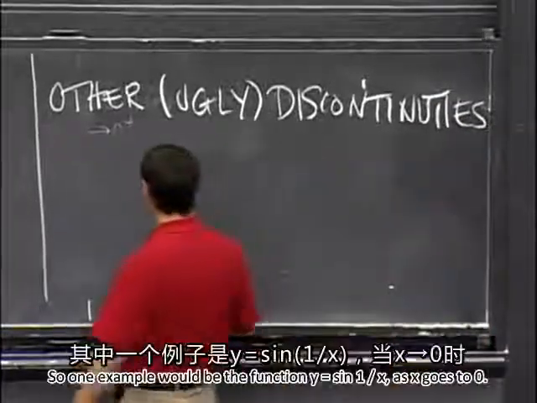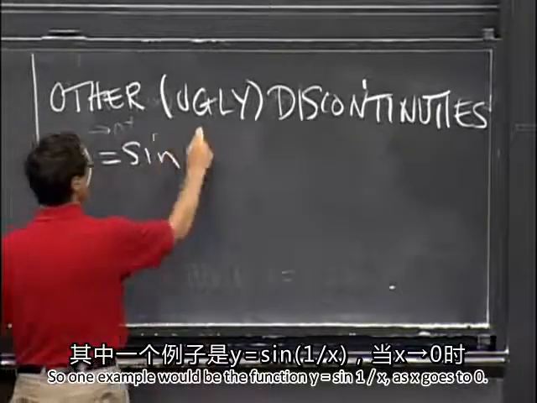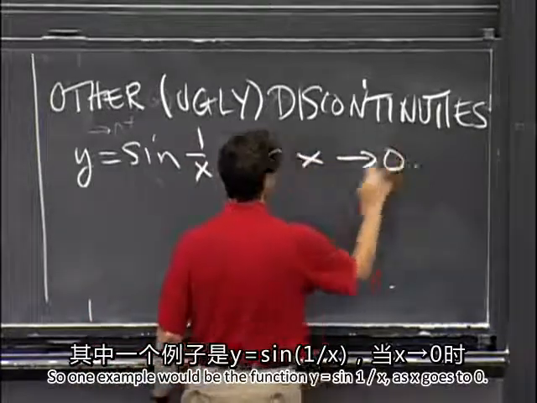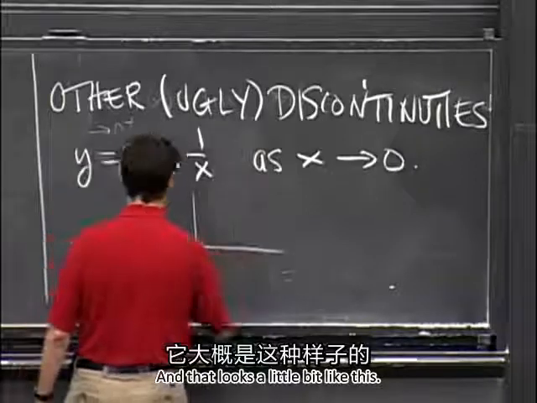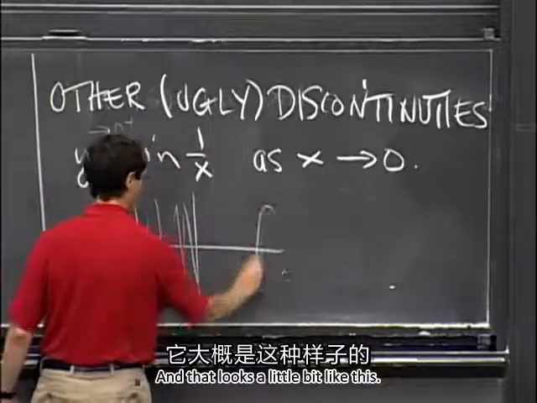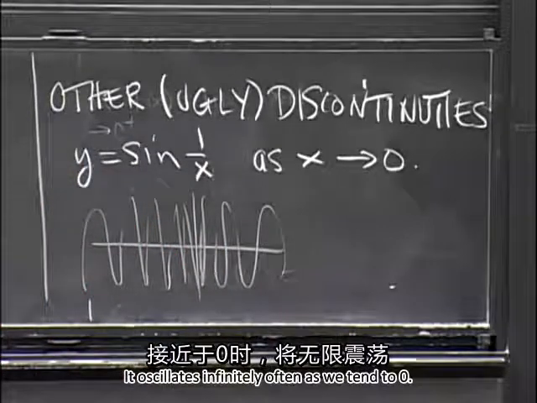One example would be the function y is equal to sine 1 over x as x goes to 0. And that looks a little bit like this. Back and forth and back and forth. It oscillates infinitely often as we tend to 0.